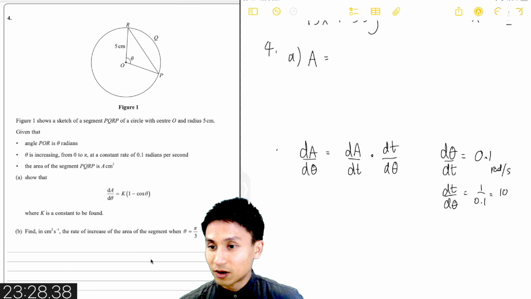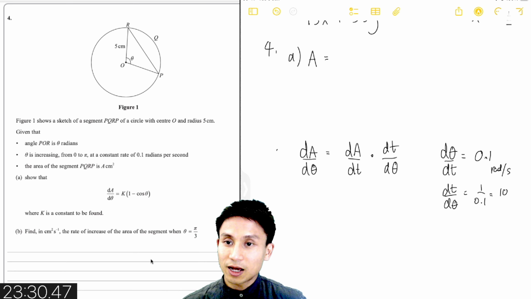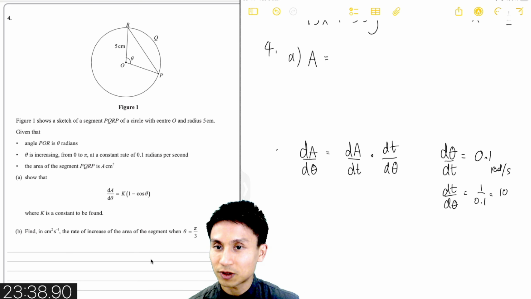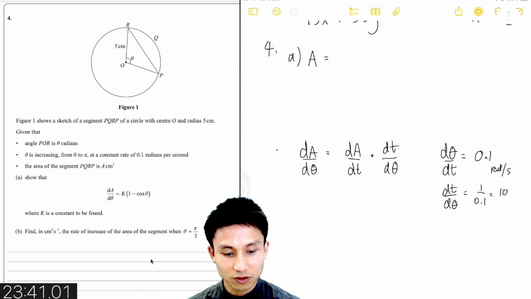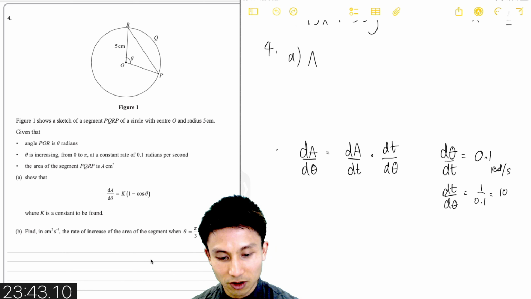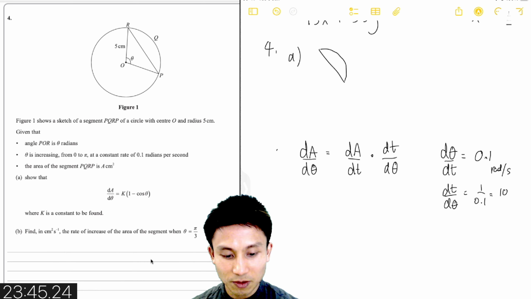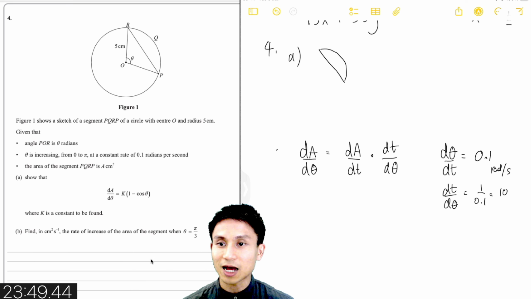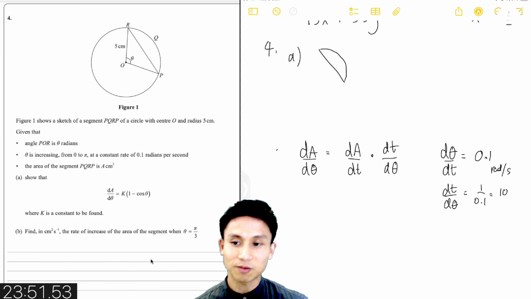So if you want to find the area of the segment PQRP, that little segment there, just to make sure that we are not missing anything. So this is the segment we want, PQRP. It's not the sector, sorry, it's just the little segment there.